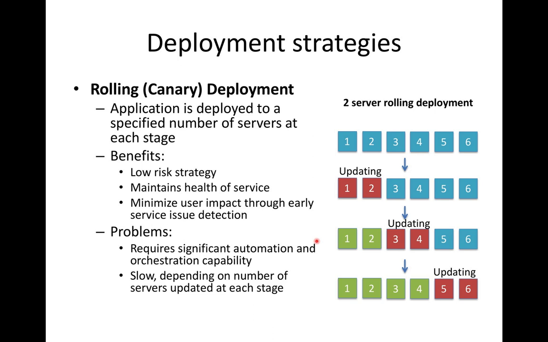And you have to keep in mind from an application development standpoint, your application platform has to be designed to support 2 different versions of your software running simultaneously. Because your customers might be accessing one set of servers that are running the old version of your software and another set of servers which are running the newer version of your software code.